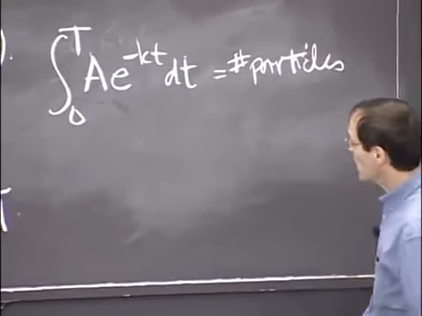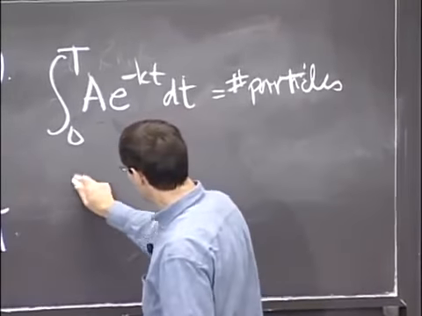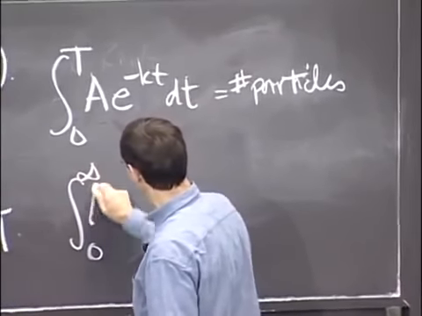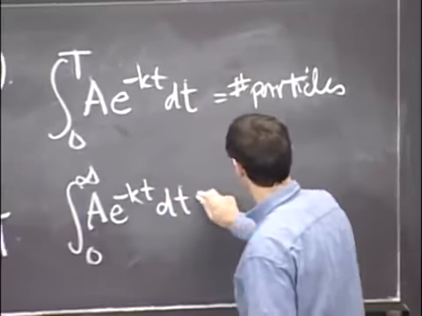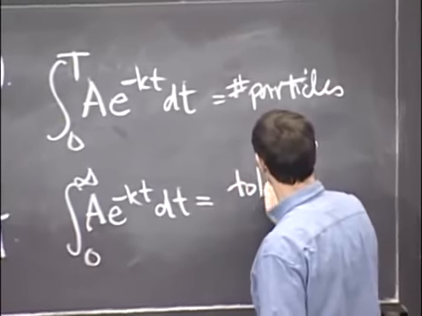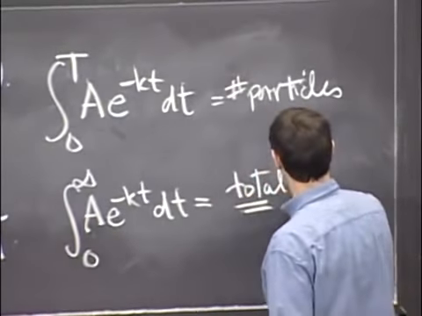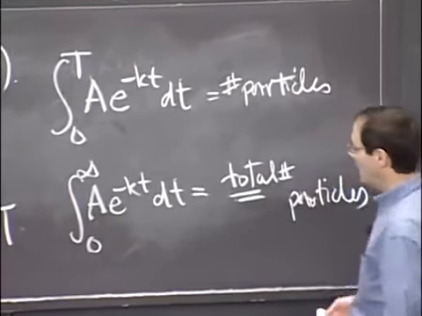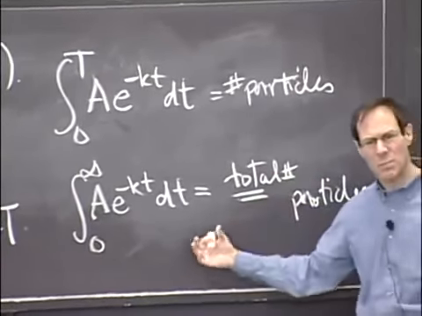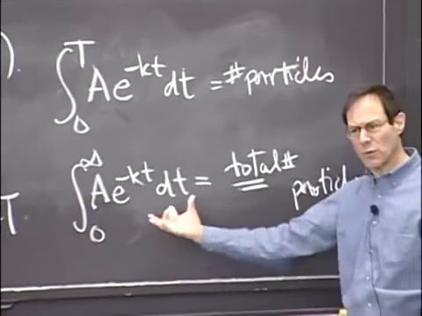If the substance is radioactive, then in the limit, we have this, which is equal to the total number of particles. And that's something that's going to be important for normalizing and understanding. You know, how much does the whole substance, how many moles do we have of this stuff?